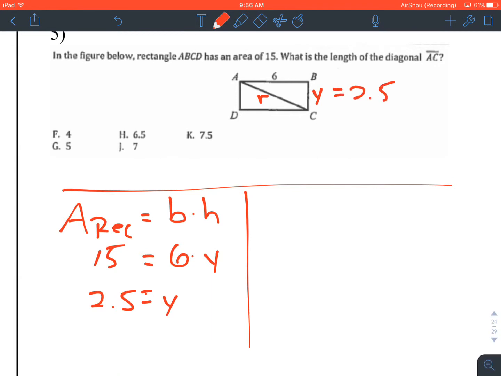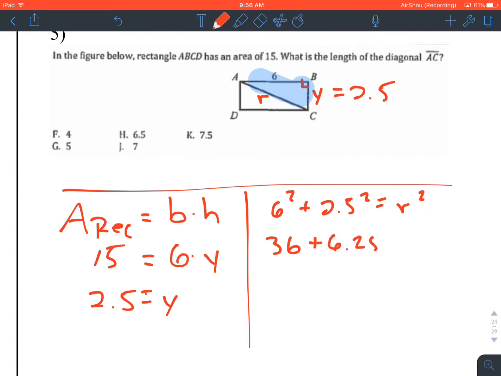We're supposed to find the length of the diagonal. Since this is a rectangle, this is actually a right triangle. To find the hypotenuse, you take a leg squared plus another leg squared, which equals the hypotenuse squared. 6 squared is 36. 2.5 squared is 6.25.